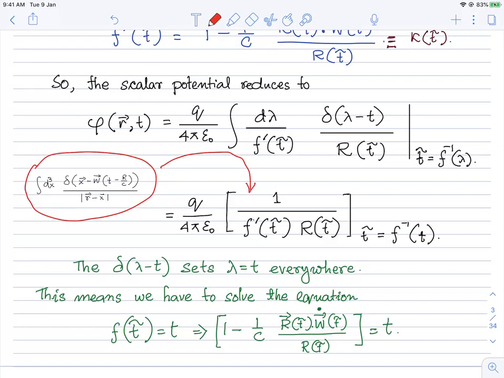Whatever these functions were, that r became this r coordinate as a function of t tilde, and we got an additional kappa factor because of the integral over the delta function. Okay, that is the algorithm. Whatever multiplies the delta function, we find at the retarded time in this way.